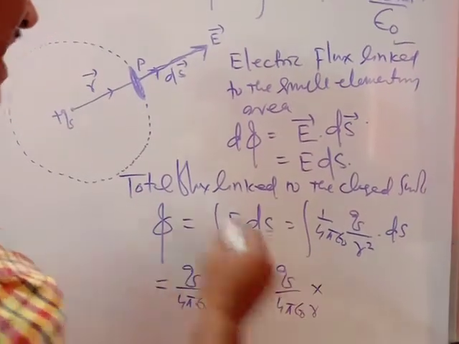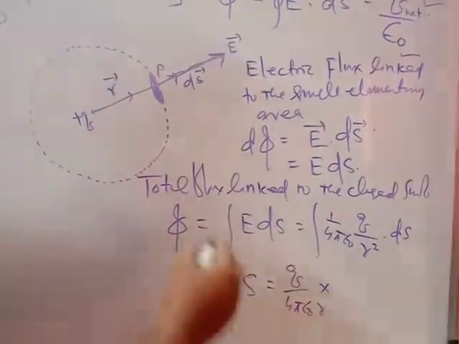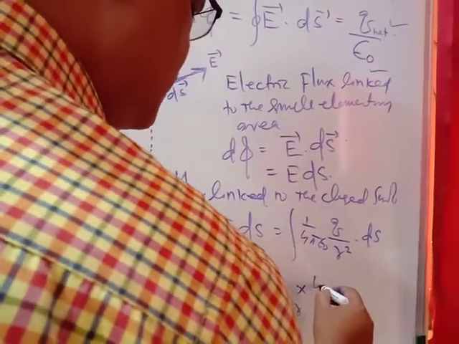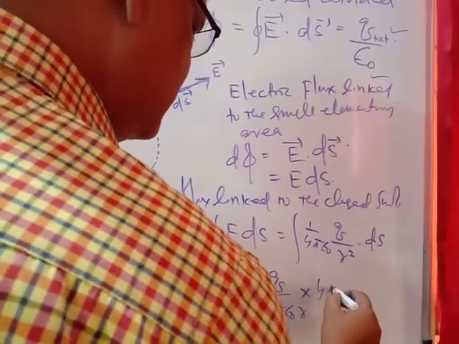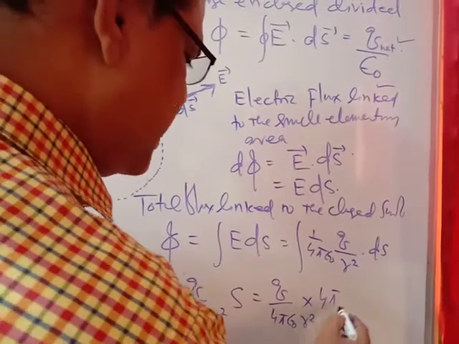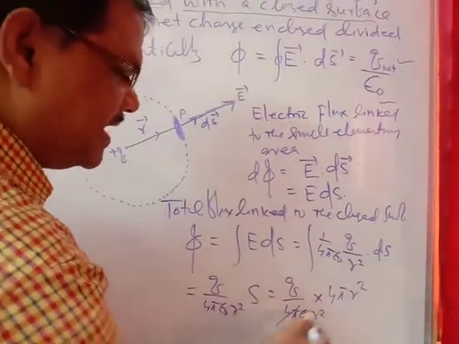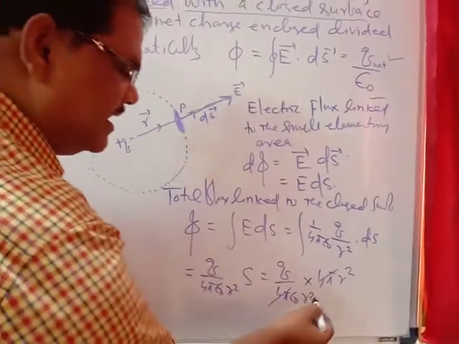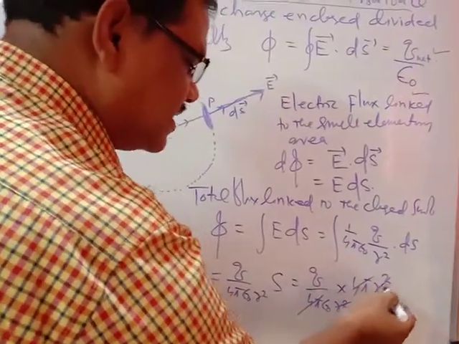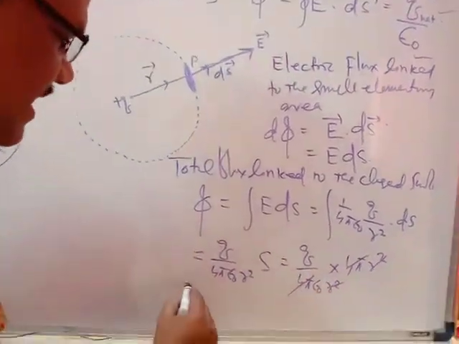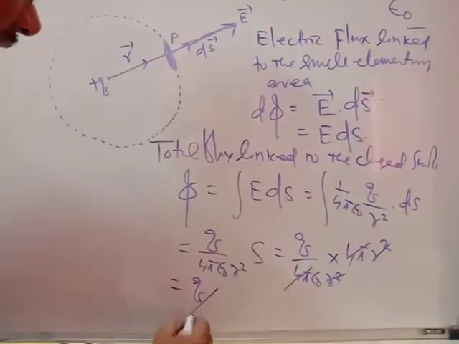What is the surface area of the spherical surface? It is 4 pi r square. This 4 pi cancels, and that r square also cancels. So the remainder is q upon epsilon naught.